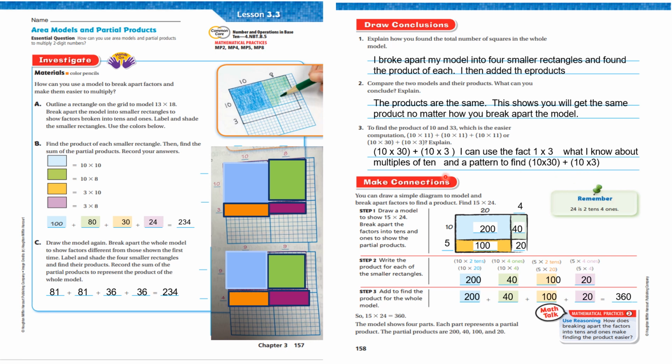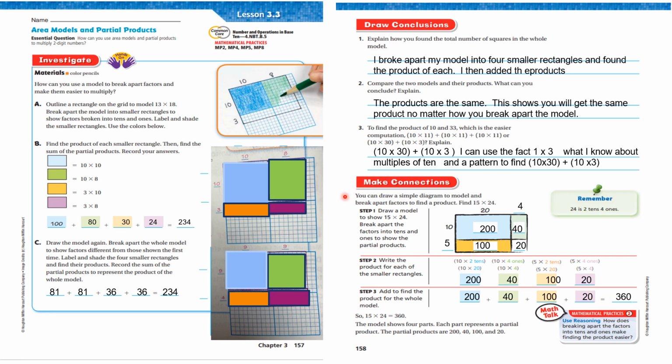It's always easier to multiply numbers with multiples of 10, okay? It's always much easier to do that because you can use your basic fact, in this case 1 times 3, to figure out what 10 times 30 is. Remember, 1 times 3 is 3, add the 2 zeros, it's 300.